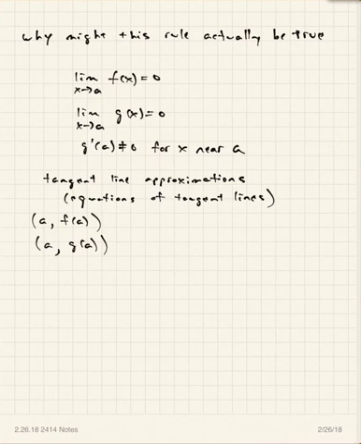And what do we have here? The tangent line approximation, all it is is the point slope form. So don't make this something really mysterious. This is just the point slope form.